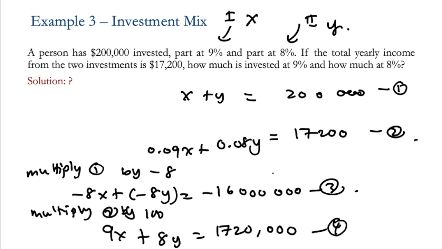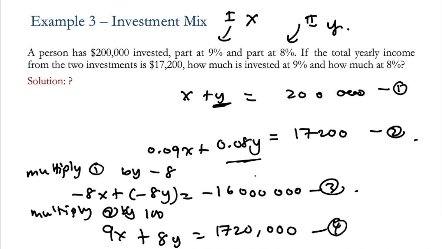Can you see? I first multiply equation 1 by minus 8 and then multiply equation 2 by 100. What's the purpose? In this case, I already have in my mind that I want to omit or delete y. In order to delete y, the value of y here must be equivalent to the value of y here, isn't it?